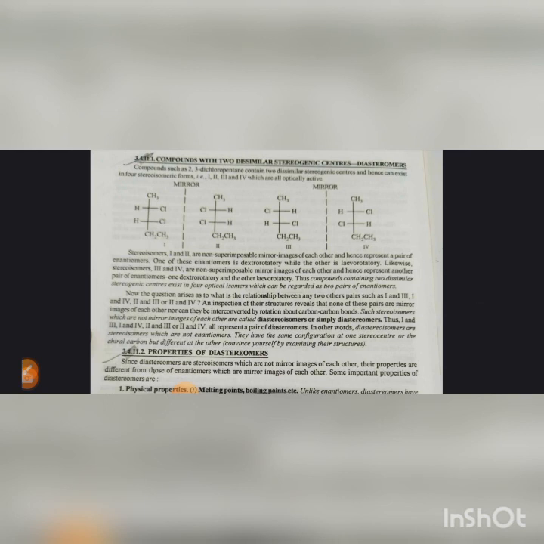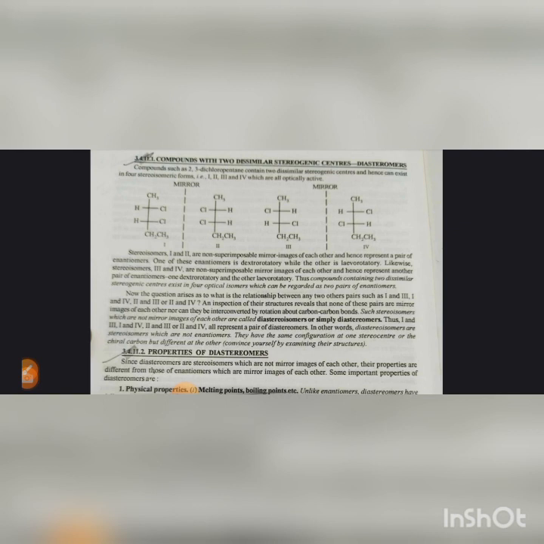First, compounds with two dissimilar stereogenic centers, that is, diastereomers. Compounds such as 2,3-dichloropentane, which contain two dissimilar stereogenic centers, can exist in four stereoisomeric forms which are all optically active. Stereoisomers first and second are non-superimposable mirror images of each other, hence represent a pair of enantiomers.